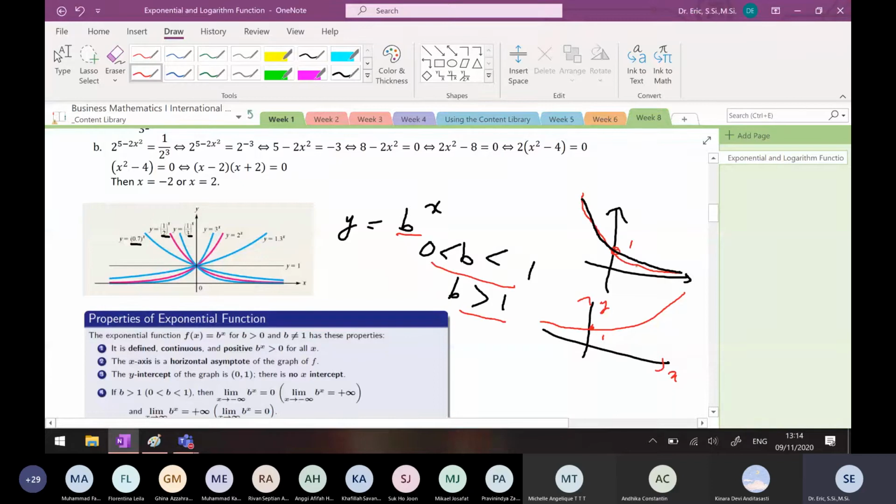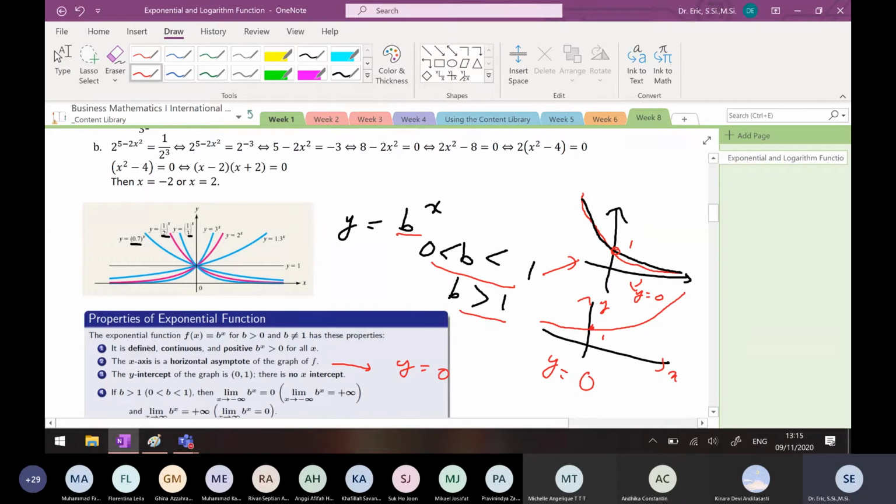If b is from 0 to 1, it has a horizontal asymptote, given by y equals 0. The same for b greater than 1, the horizontal asymptote is y equals 0. Okay, this one, the x-axis. The x-axis is y equals 0. This is the horizontal asymptote.